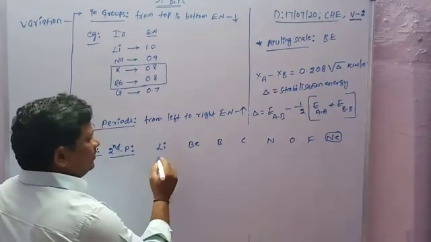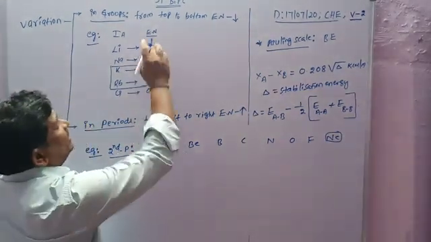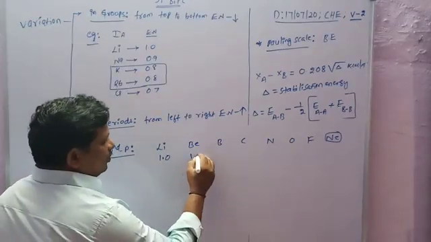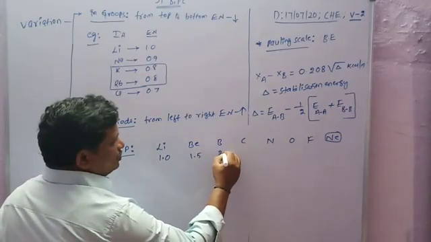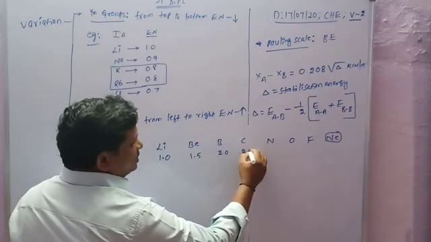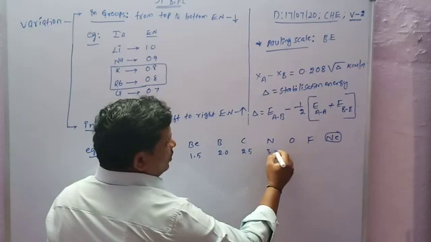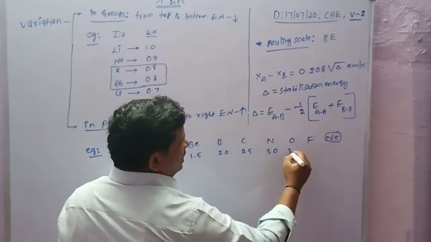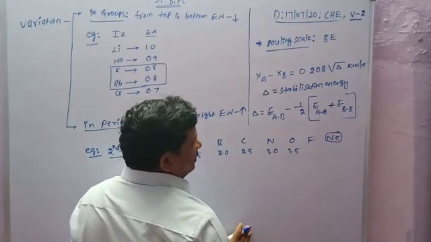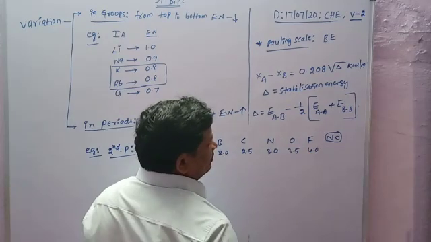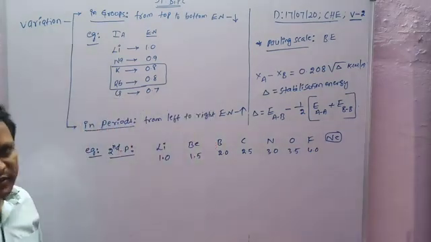Then lithium electronegativity is how much? 1.0. Then 1.5, 2.0, 2.5, 3.0, 3.5. And fluorine is 4.